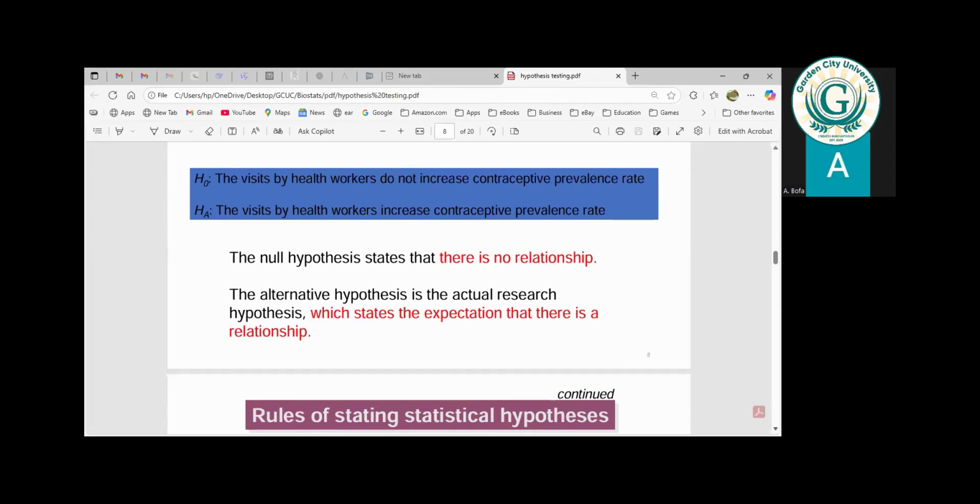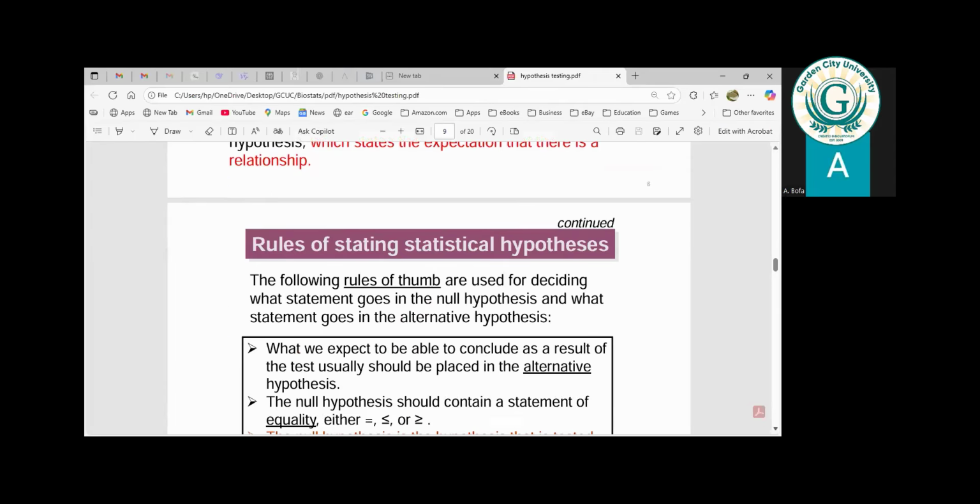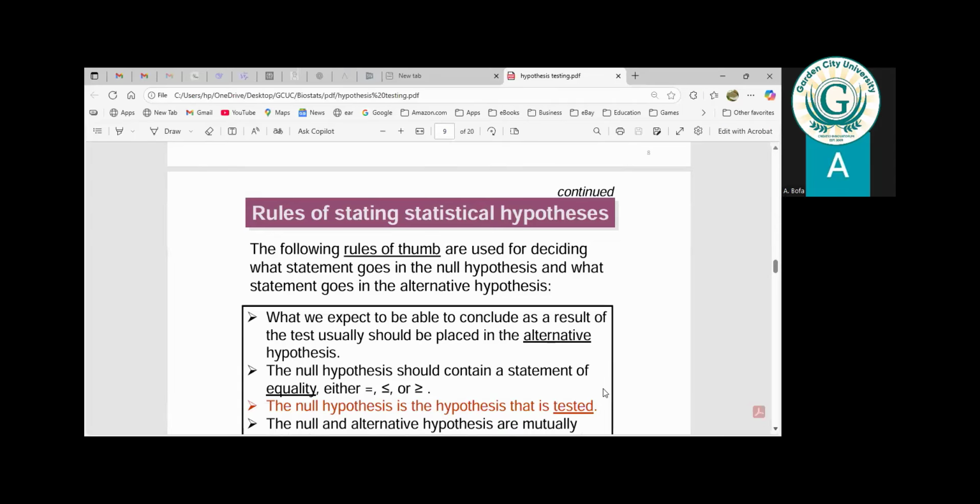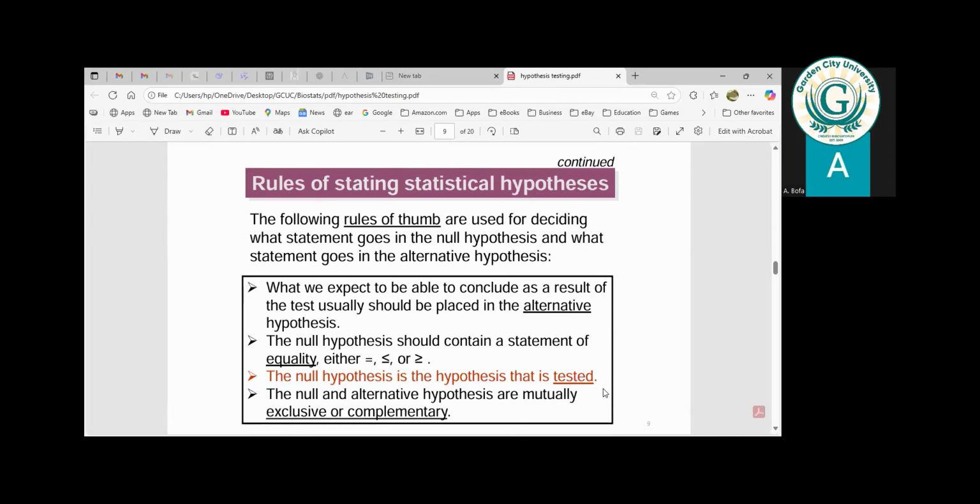Now, whenever you are dealing with quantitative variables, you can write your null hypothesis in mathematical notation, which I will not bother you so much with. But I've placed it as part of your lecture notes so that you know that you can do that. But for you guys, I don't have any problem.